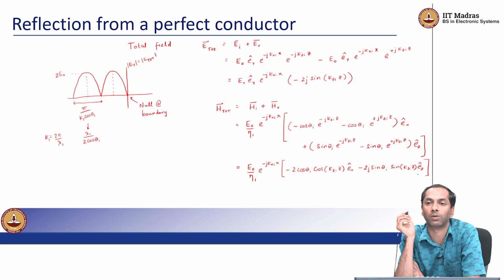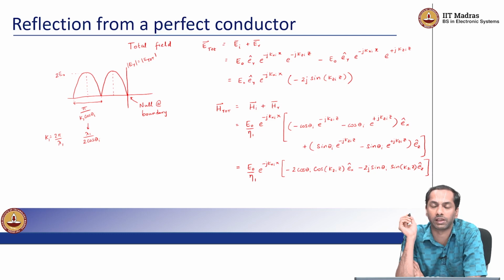For those who are following along with their own derivations, which I highly recommend, you can just compare your expressions with mine. We are again using the same Euler's expression to go from the exponentials to the rectangular form of cos theta I plus j sin theta I.